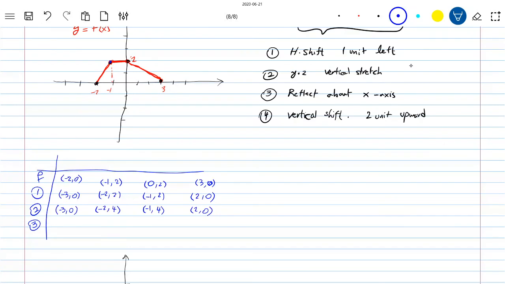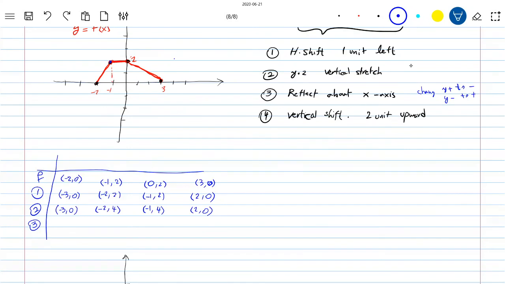Final third step. Reflect about the x-axis. Reflect about the x-axis means change y from positive to negative, and if y is negative, to positive. You're picking a point from the top, moving it to the bottom, and from bottom to top, if there is such a case.